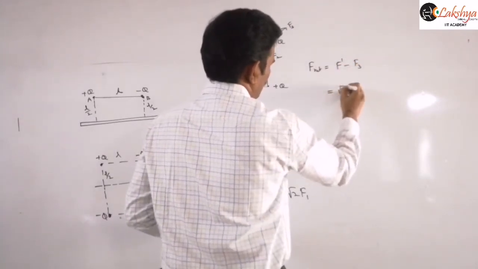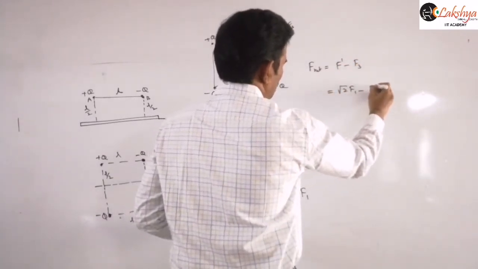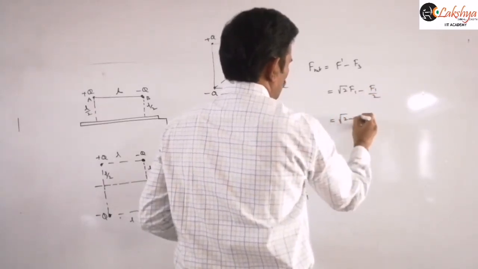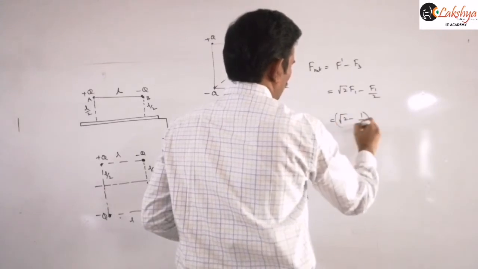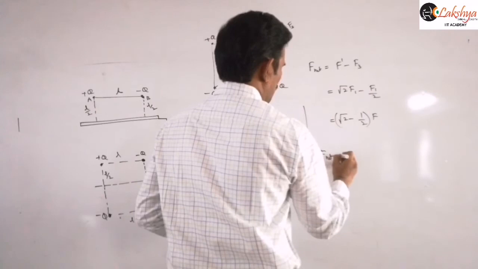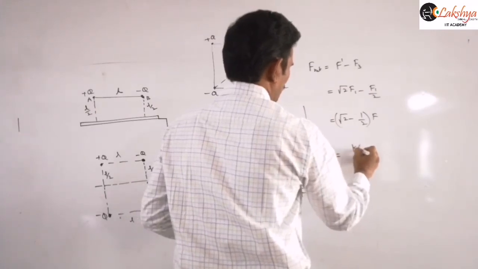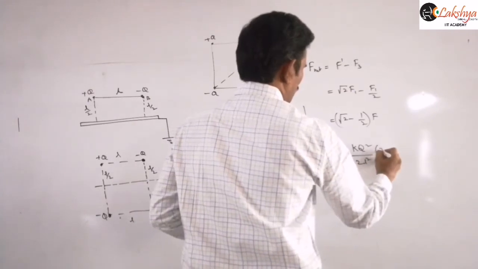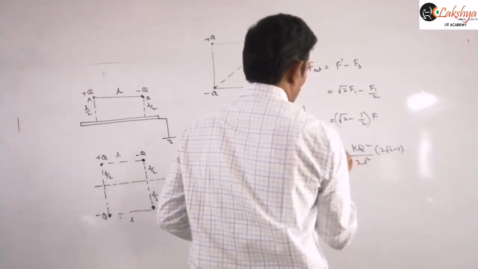So root 2 F1 minus F1 by 2, which I can write as (2 root 2 minus 1) by 2 into F1. Therefore finally we can write this net force as kq square by 2L square into (2 root 2 minus 1).